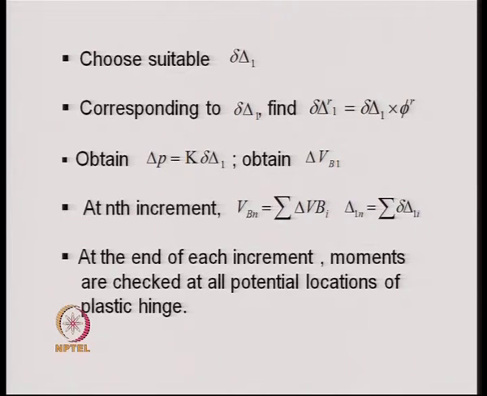The deflection delta 1 n is equal to the displacement increments given to the top floor up to the nth increment. That is how one can get delta 1 n and V n, and this plot of V B n versus delta 1 n is continuously obtained as we go on incrementing the displacement.